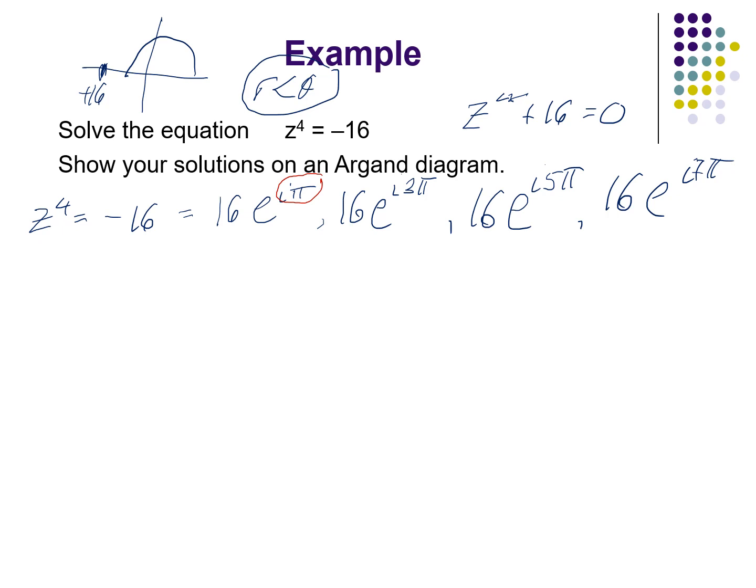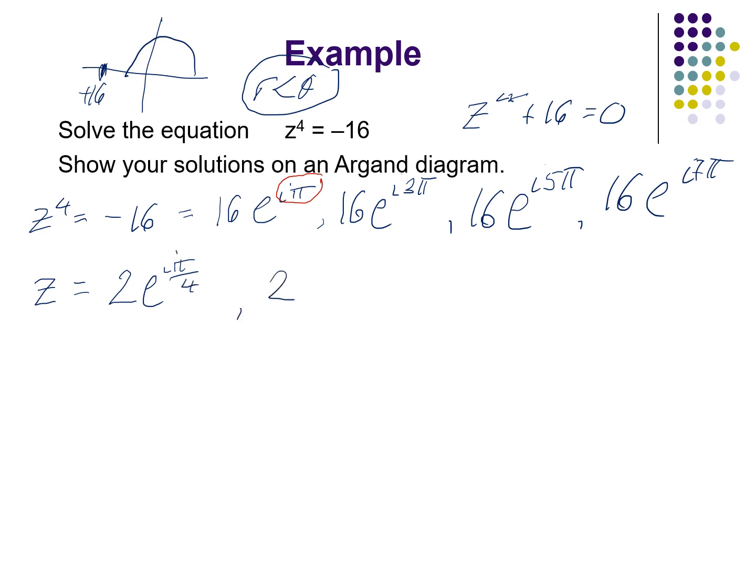Okay, now what I'm going to do is I'm going to fourth root. You have to be careful with this, because not only do I divide the argument by 4, I fourth root the modulus as well. It's a common thing people forget. So fourth root of 16, that's quite nice. If it does end up as a third, leave it as a third. So I fourth rooted 16 and I've divided the argument by 4.